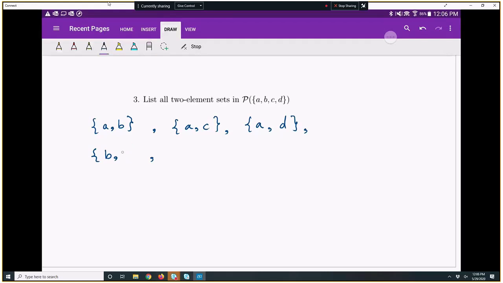B, comma C, and B, comma D. And then I could have C, comma D. So since the element B is just there once, I couldn't write B, comma B. Because they're not ordered pairs, they're sets. We don't want to write the element twice. We only need to count it once. So these 6 elements should be all possible 2-element subsets in the power set of ABCD.